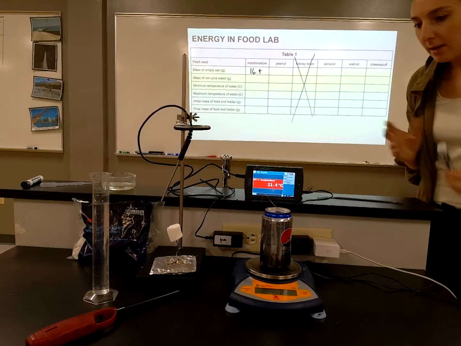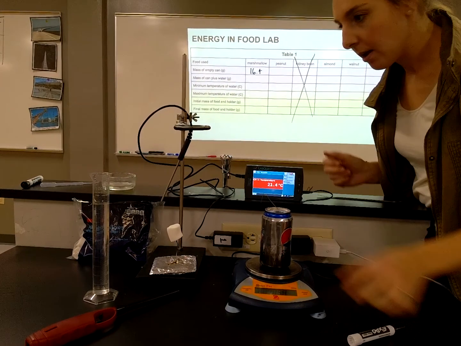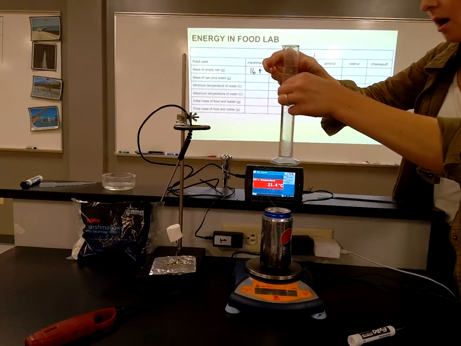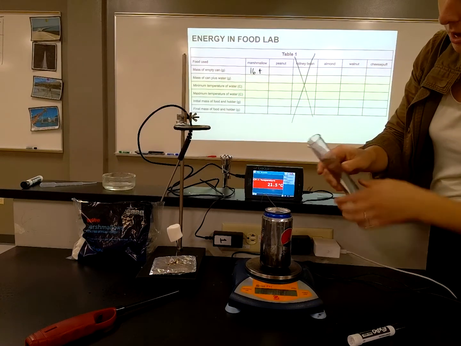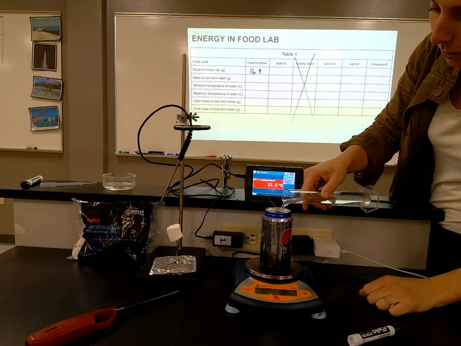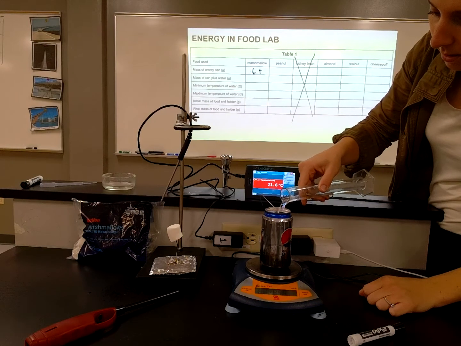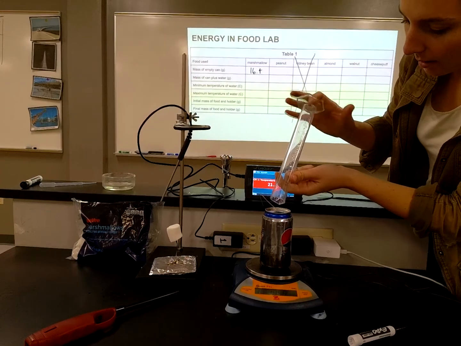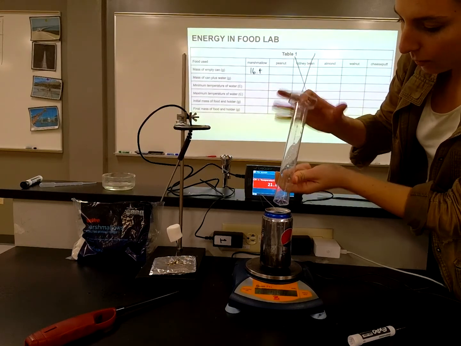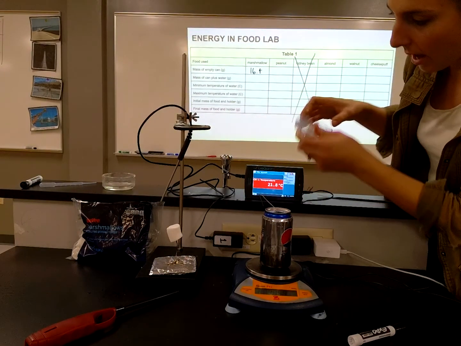Now it says mass of the empty can plus water. So we're actually going to add 100 milliliters of water just from the sink, room temperature. And we're going to put that into our can as well. And 100 milliliters of water should have a mass really close to 100 grams.